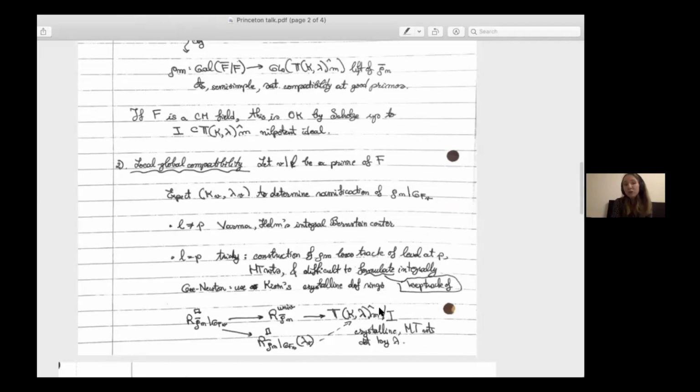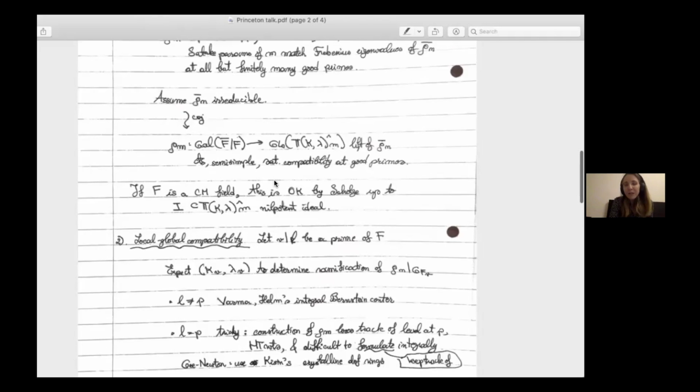And then you need to control it via local-global compatibility to say that it factors through the right deformation ring. And then you can hope that maybe after taking reduced quotients, you can identify the deformation ring with the Hecke algebra. So these are things that you would expect.